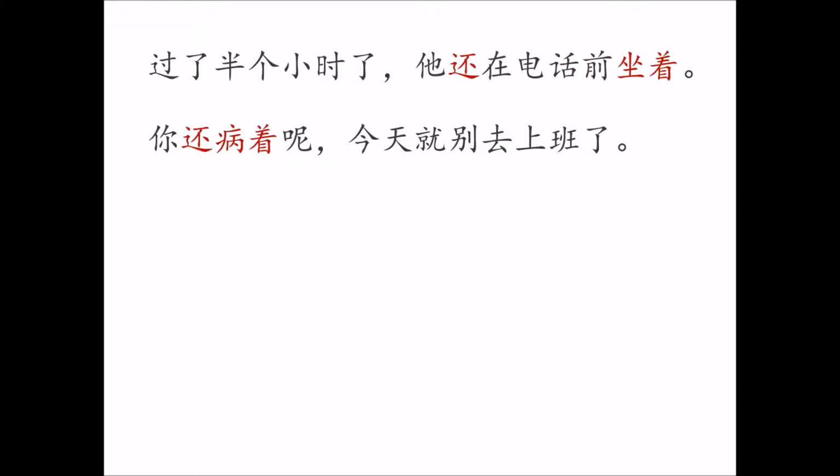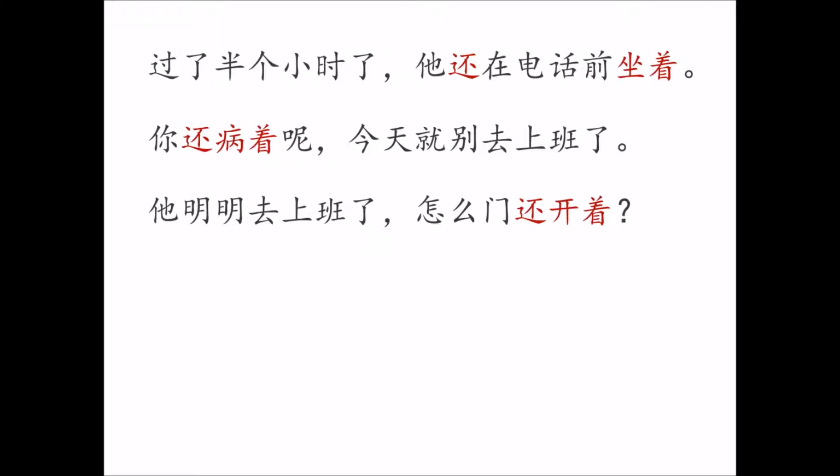Do not go to work today. 他明明去上班了，怎么门还开着？He has definitely left for work. Why is his door still open?